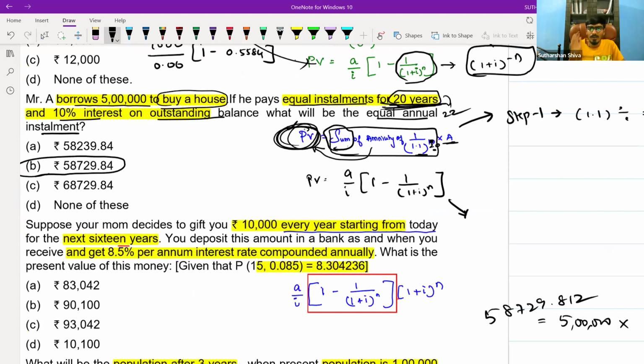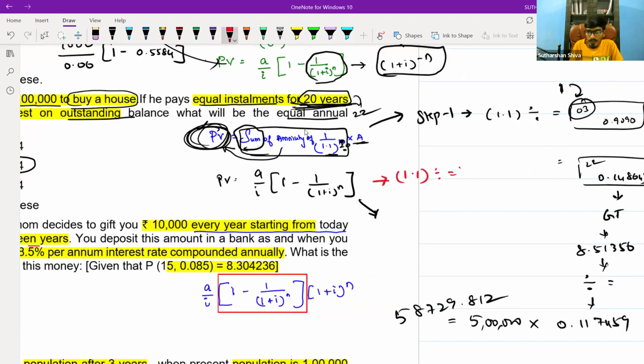We are taking the full value. If you want to go with this method, first thing, same value only. 1 plus I whole power n, no? So 1.1 divided by equal to, you will get again 3. Again, what you need to press? You need to press up to 22. You will get the value. Don't press GT, simply press -1. Then use the plus or minus button.